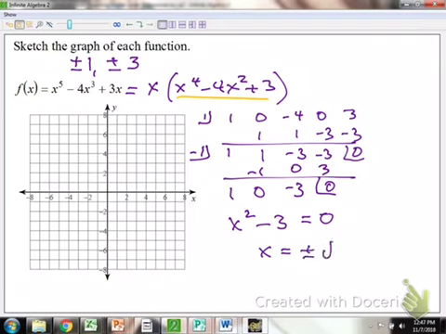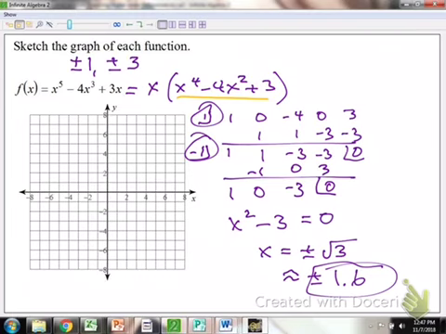So x equals plus or minus the square root of 3, which is approximately plus or minus 1.6. So I've got 4 zeros: 1, 2, 3, 4. If we plug those in, 1, negative 1, negative 1.6, positive 1.6.